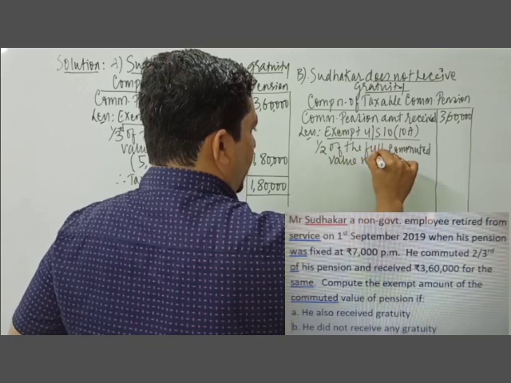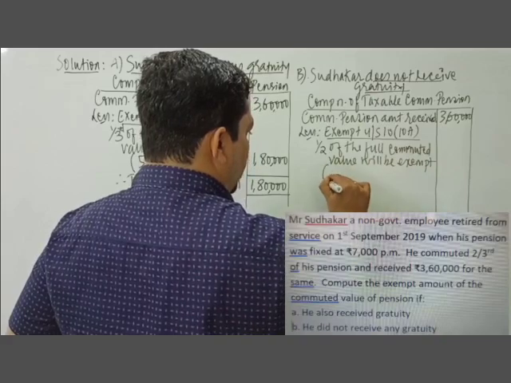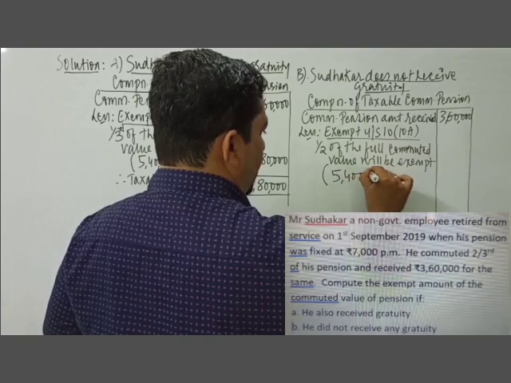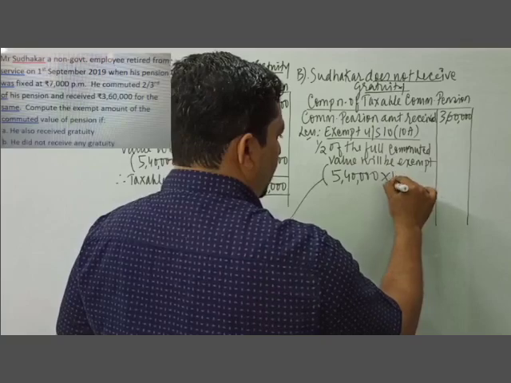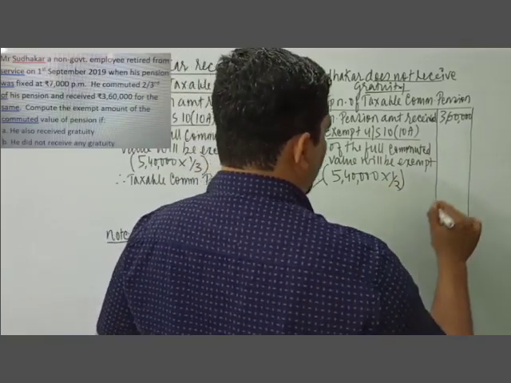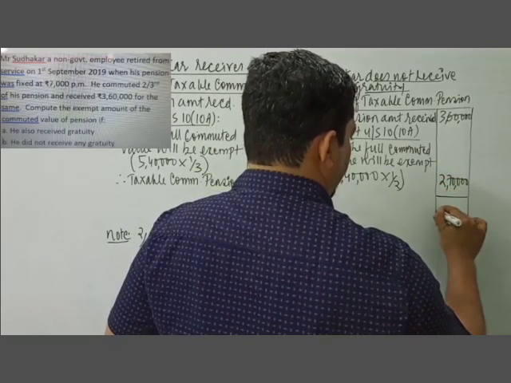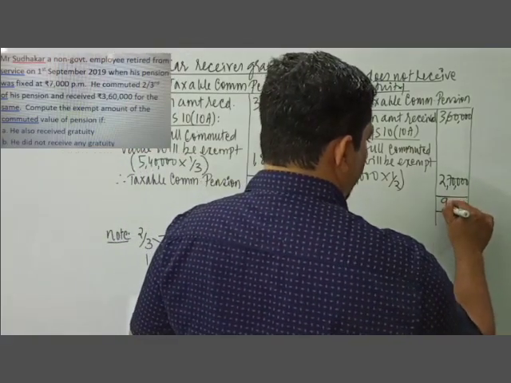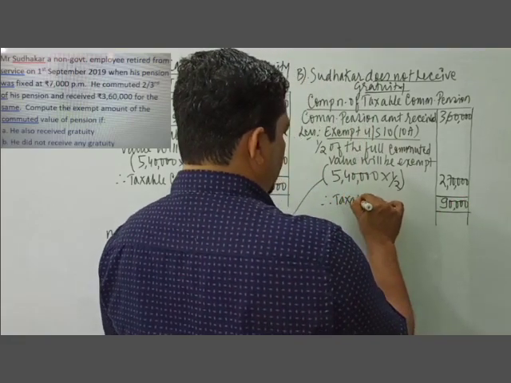Already we have calculated full commuted value, which is 5,40,000. Calculation is right here, into half. 5,40,000 into half will be 2,70,000. 2,70,000 will be exempt, and balance of the amount, that is 90,000, will be taxable commuted pension.